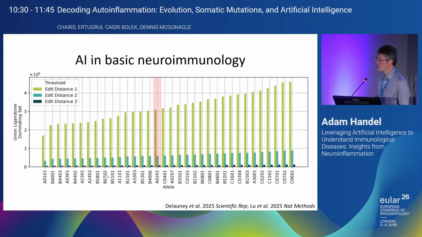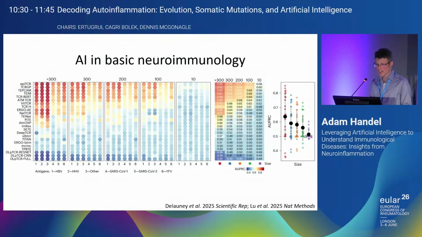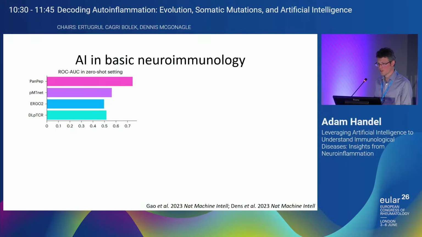So we're nowhere near the size that we need in terms of data sets yet. And that's really important because it gets even worse because when you look at these models again and say, well, okay, for an antigen TCR pair, how does it perform when we've got, say, over 300 TCRs that we know bind that antigen versus 10, you can see that it starts to dip down towards just above chance levels as we get fewer TCR pairs. So we're going to need many more than those millions that we saw before.